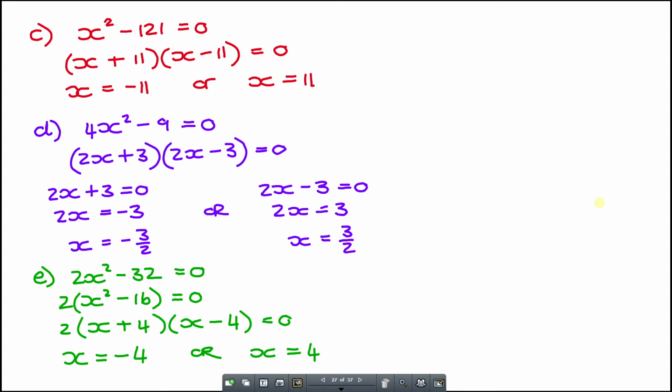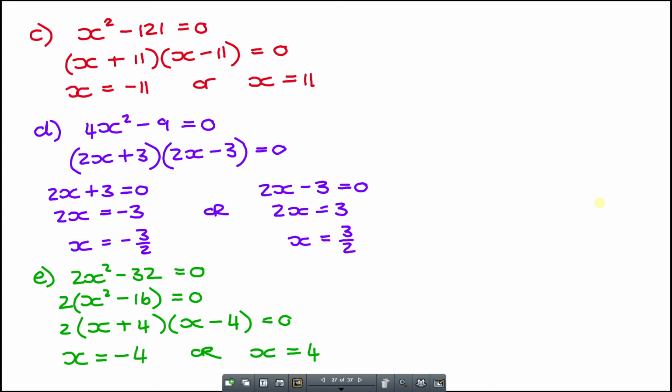The one will just have a plus, and the one will have a minus. And then I get square root of 4x squared, and that gave me 2x. And then square root of 9 is 3. Okay. Is that the part that you were struggling with? Okay. And then from there on, we just make each bracket equal to 0.